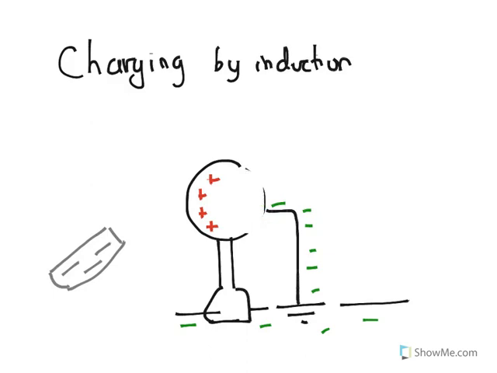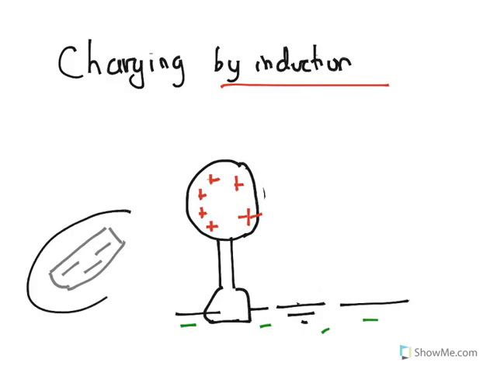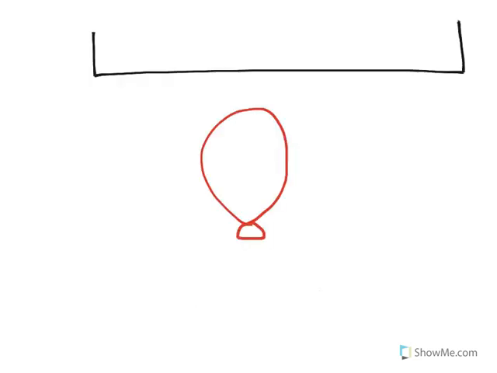Then I can get rid of the ground, and these positive charges will start to distribute as well to the surface, and that's charging by induction. So I didn't touch anything. I just put some surface very close, and then I induced charge.